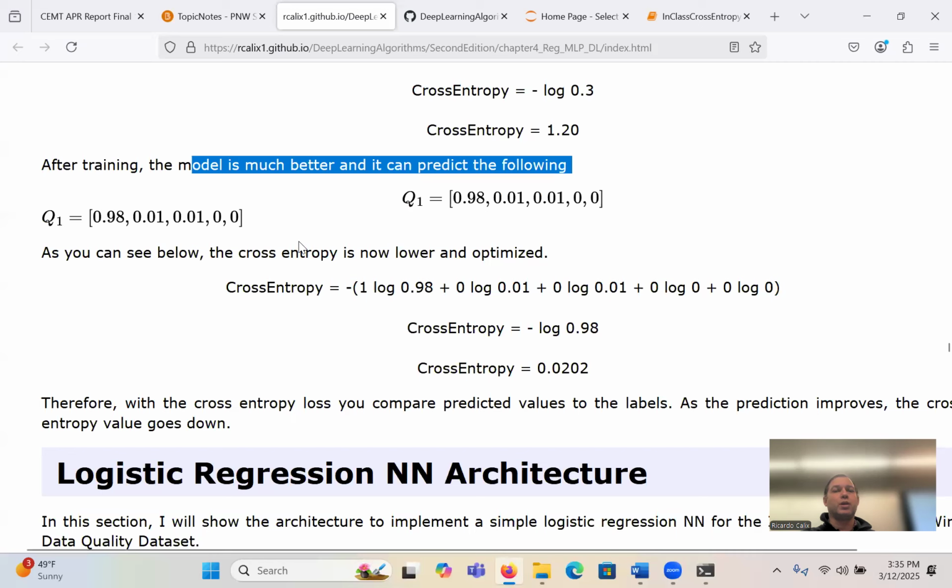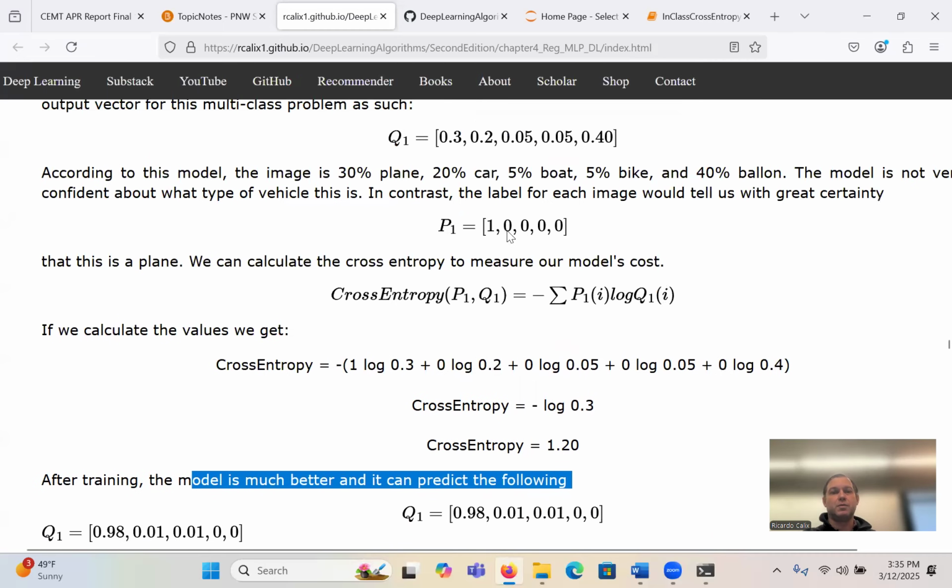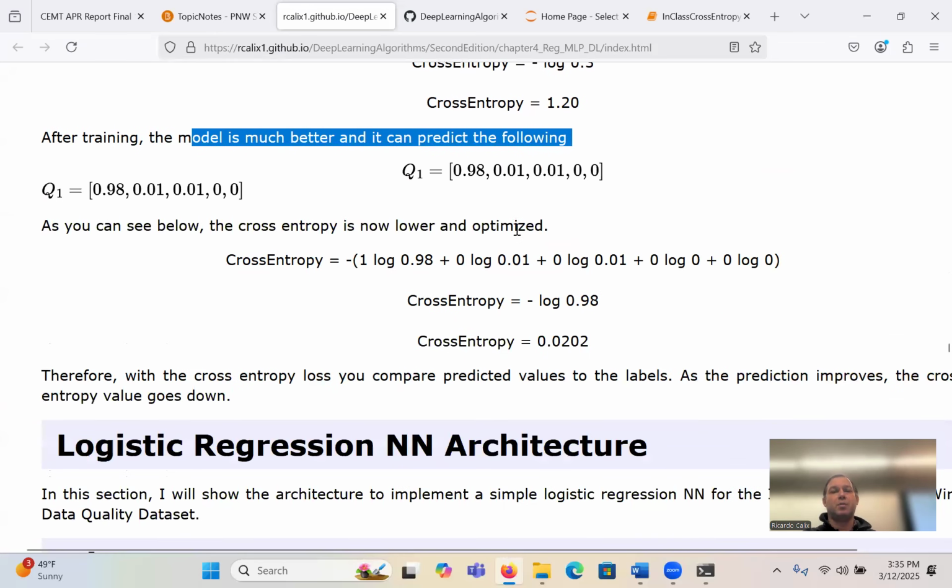As you can see below, the cross entropy is now lower and optimized. It's going to be 1 times log of 0.98. The real values are 0, 0, 0, 0, and the predicted values are 0.01, 0.01, 0, and 0. When we compute this cross entropy, it is now 0.02.